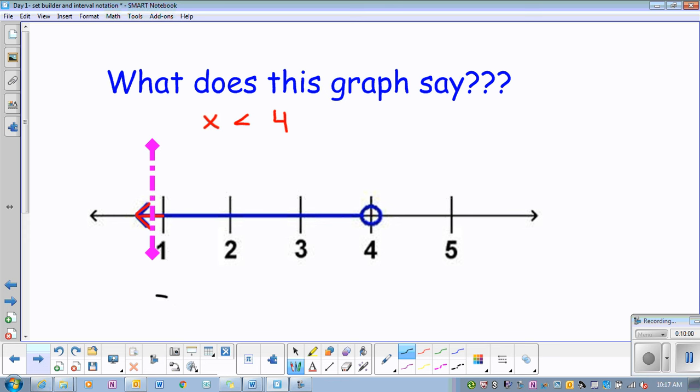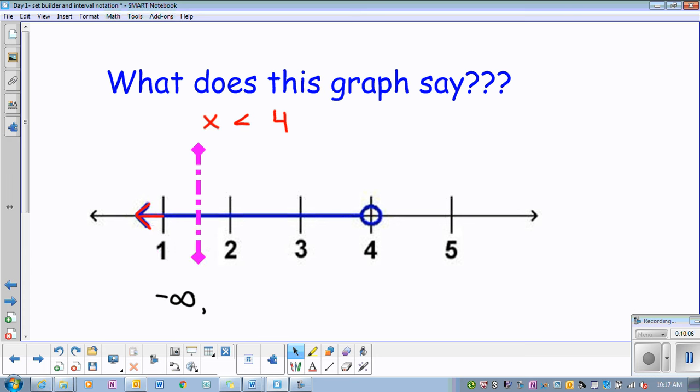So over here, negative infinity. And then where does this graph stop? At 4. Is that an open circle or a closed circle?